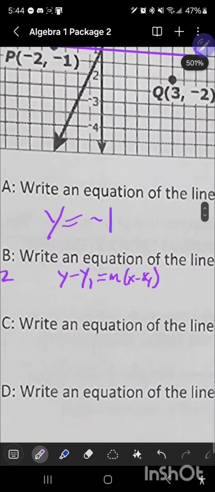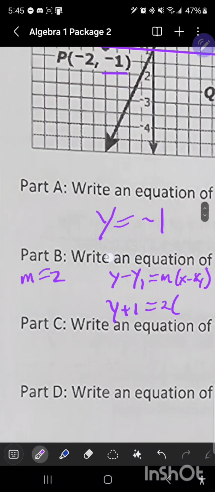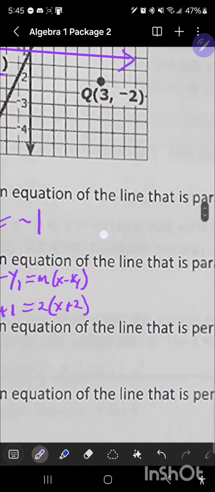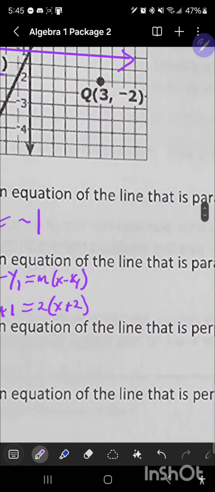So we're using point P. We say y minus, our value is -1, so minus minus is positive. So y plus 1 equals 2 because that's our slope, times x minus. This is going to be our x value. We see that is also negative, so negative, negative, positive, and 2. Now we can solve for this.